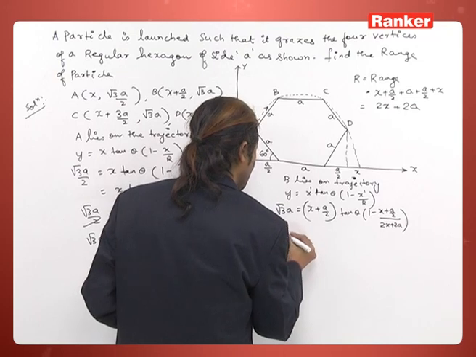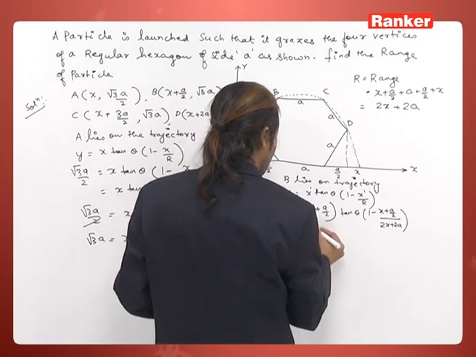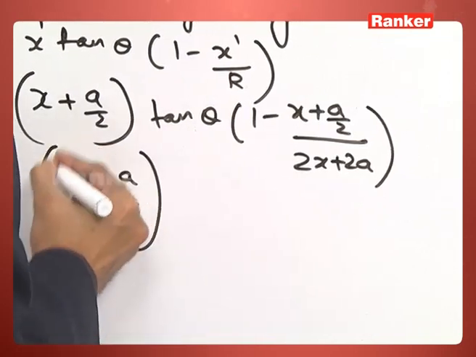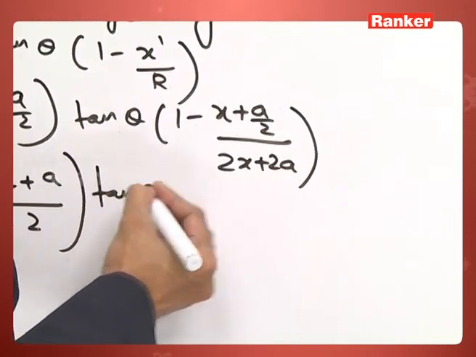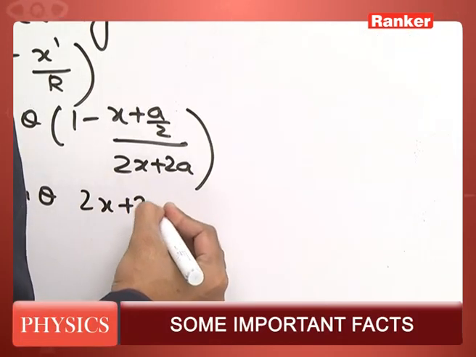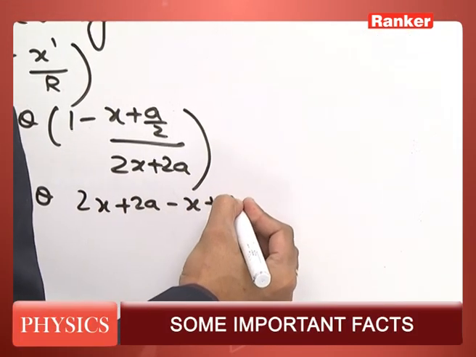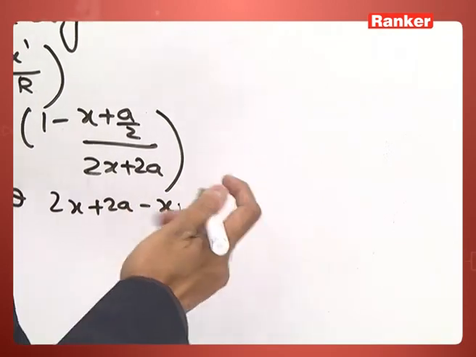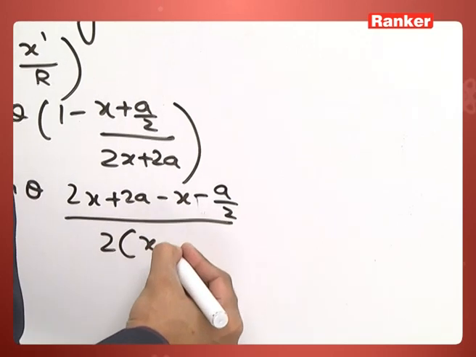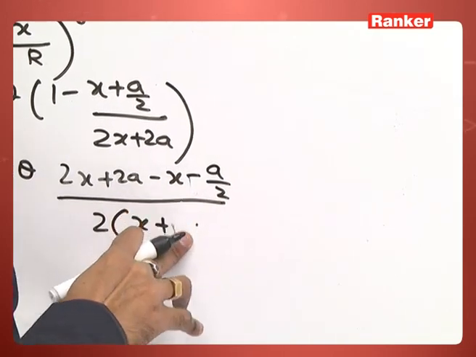Let us solve this. Root 3a is (x plus a by 2) into tan theta, so this is (2x plus 2a minus x minus a by 2) by 2 common (x plus a).